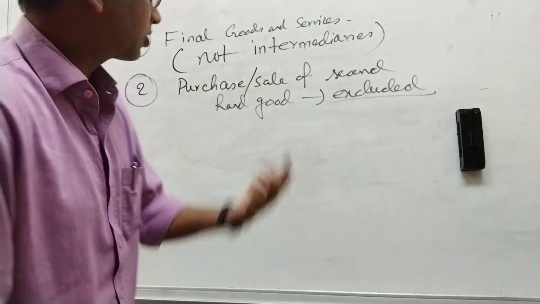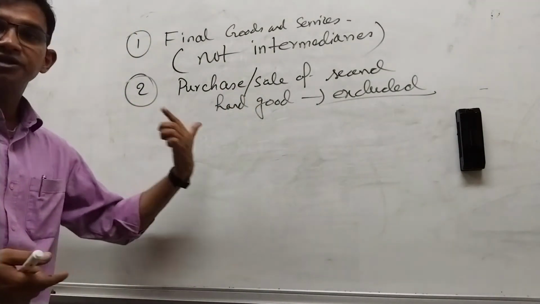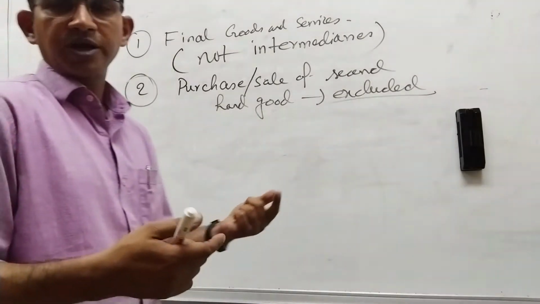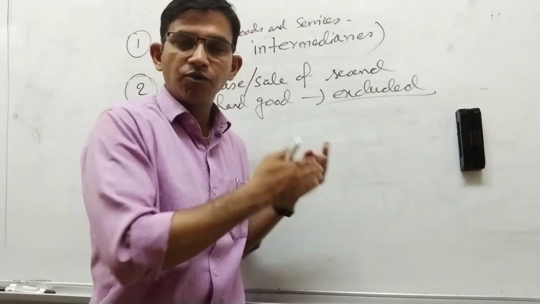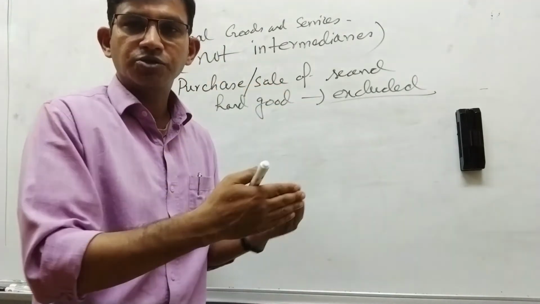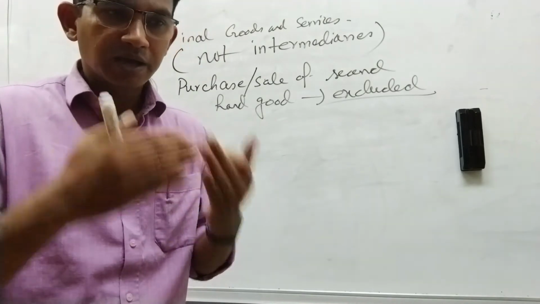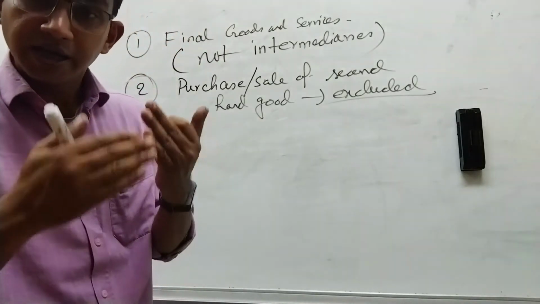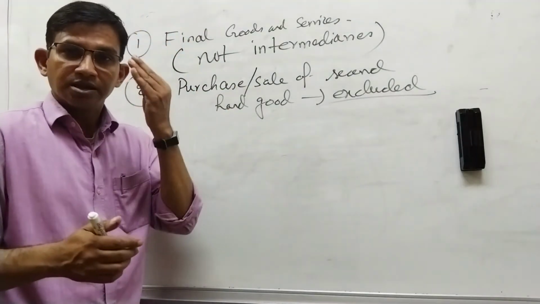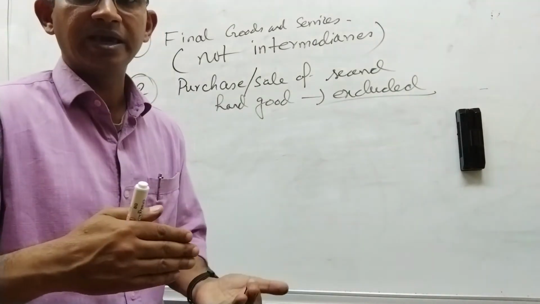But in this process, if we use the service of any agency, for example, if I hire a middleman to find a customer for me, whatever I pay the middleman as commission will be included in national income, because the agent is giving me a service against which I am paying him.